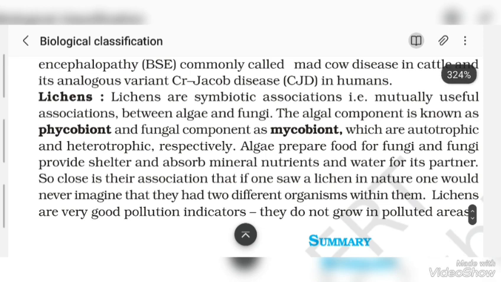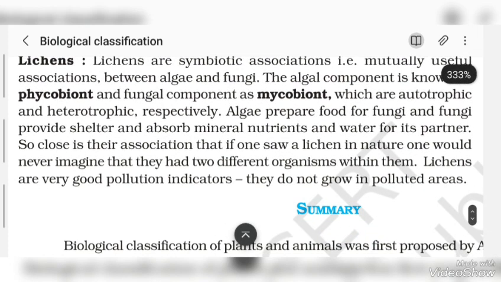Lichens. Lichens are symbiotic associations, that is, mutually useful associations between algae and fungi. The algal component is known as phycobiont and the fungal component as mycobiont, which are autotrophic and heterotrophic respectively.